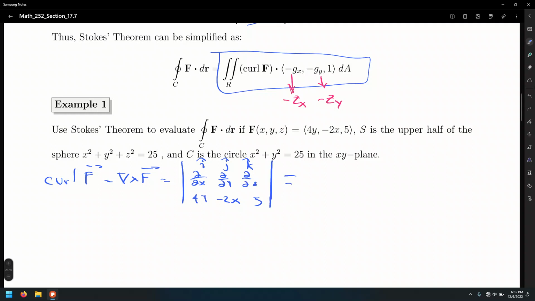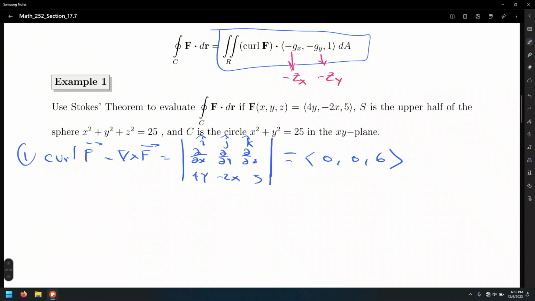After doing this cross product between the nabla operator and the corresponding components of the vector field, just to save time, we should get the vector 0, 0, 6. So that's the first thing we do, find the curl.